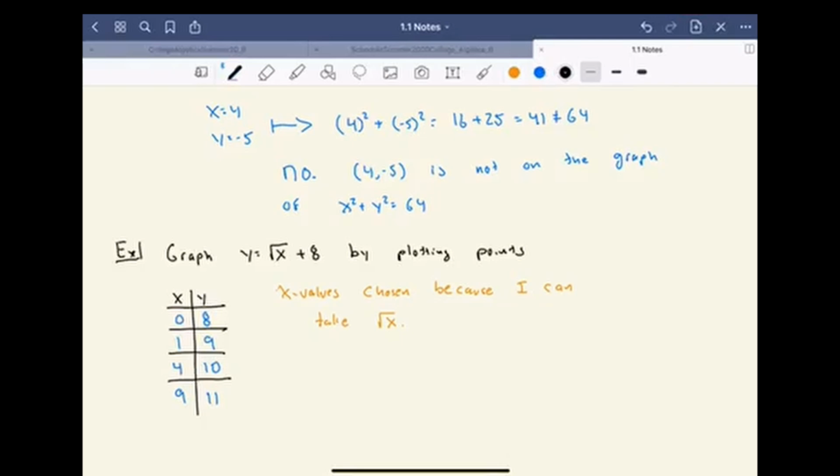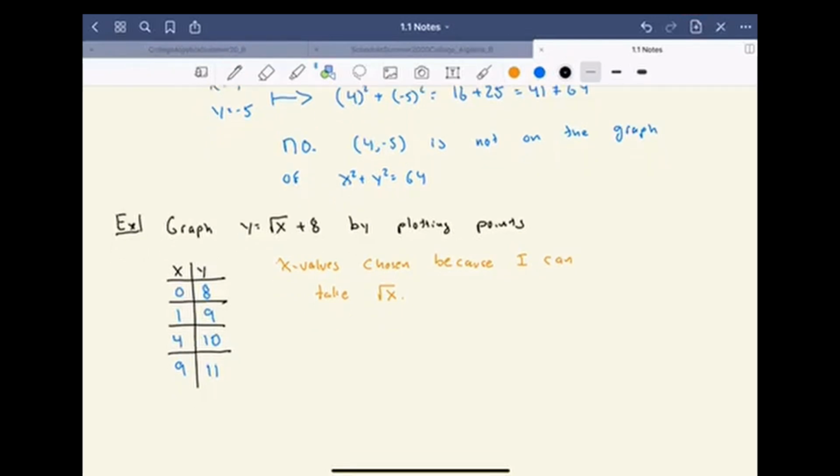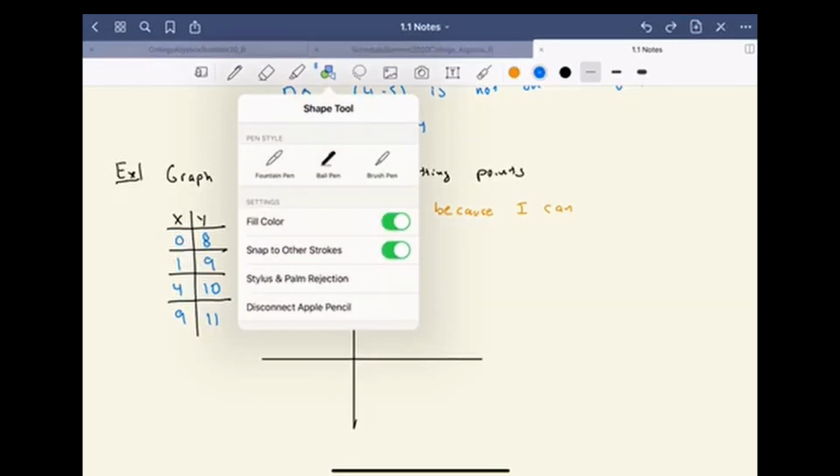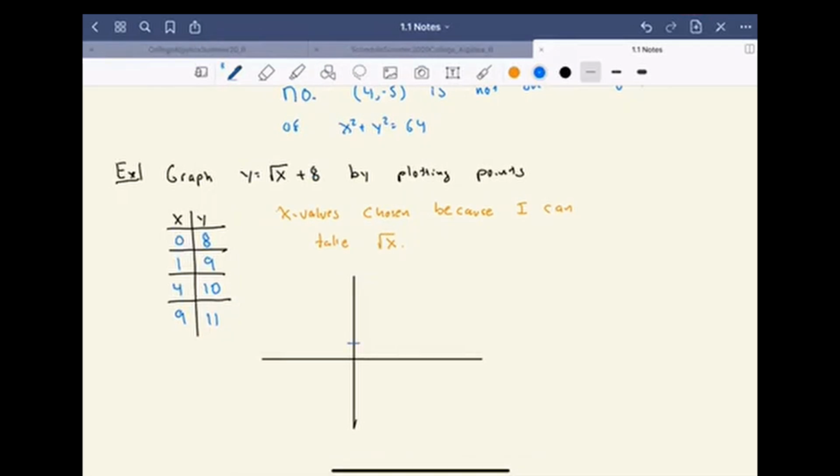And now I can plot this on a Cartesian coordinate system. Okay, so if x is 0, one, two, three, four, five, six, 7, 8. X is 0, y is 8.